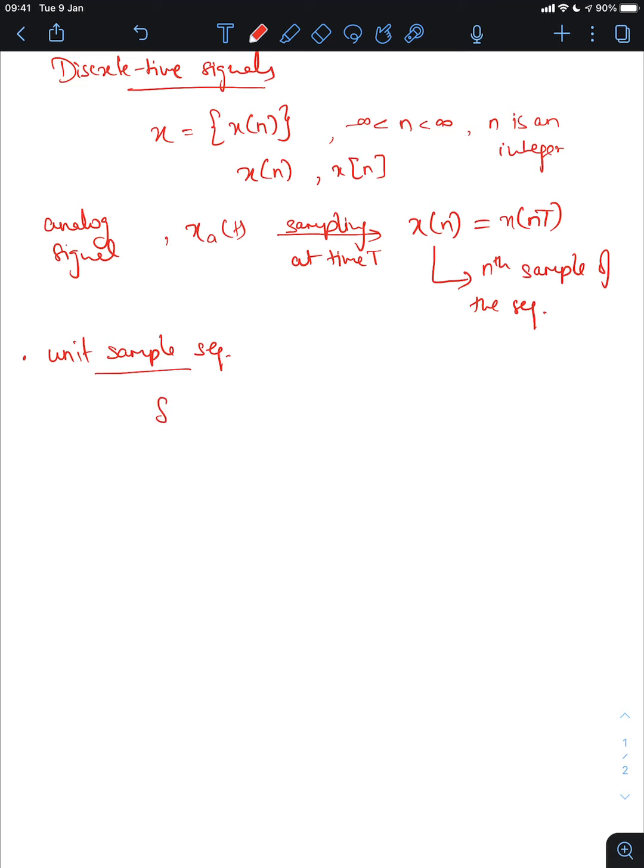This sequence is denoted by delta of n, and it is 0 for n not equal to 0, and it takes the value 1 whenever n is equal to 0. We also call it the discrete time impulse, or simply the impulse signal.